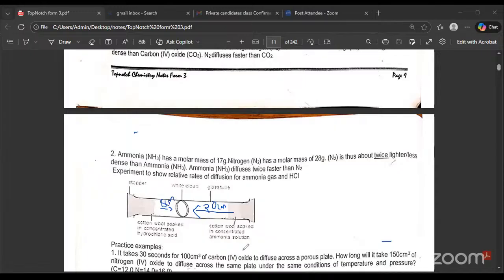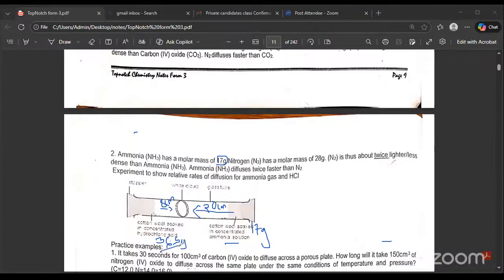The ammonia, because it is lighter, has a molar mass of 17 grams. The HCl is 1 plus 35, so you find it is 36.5 grams.